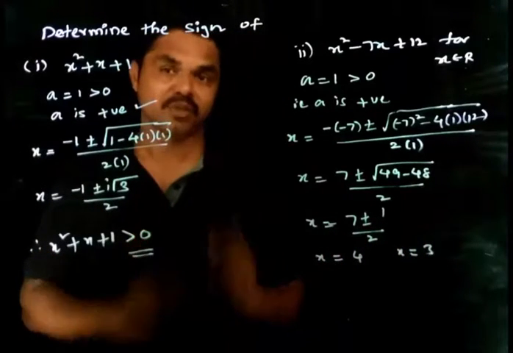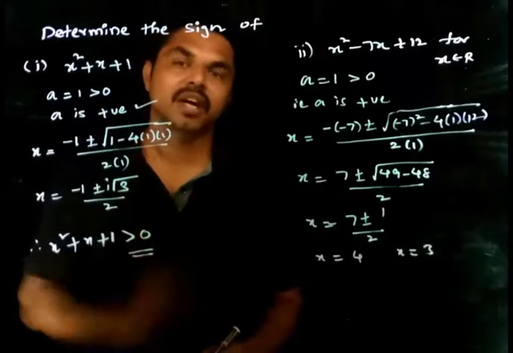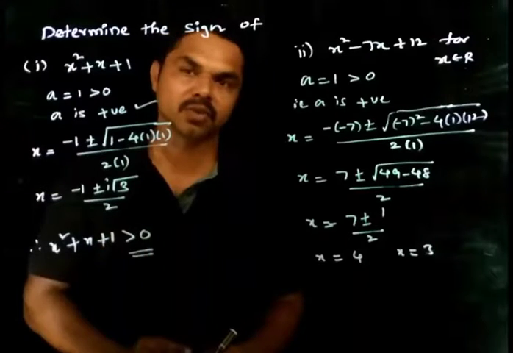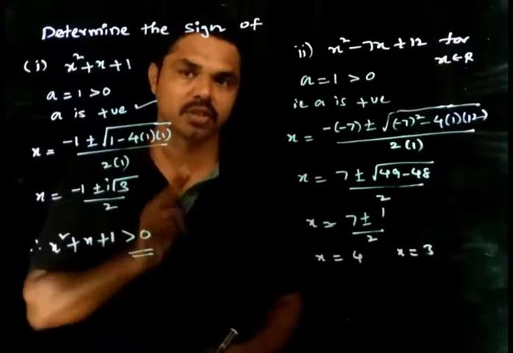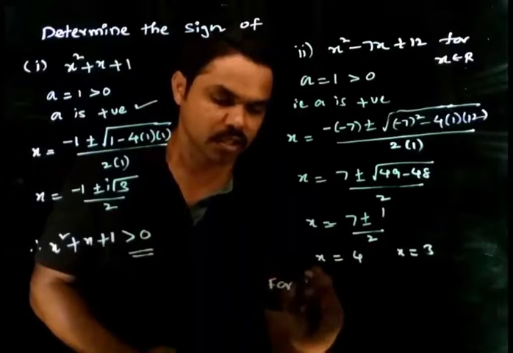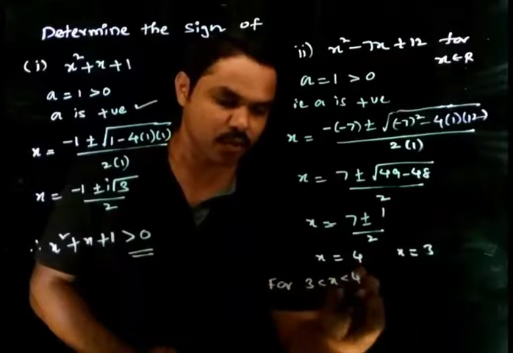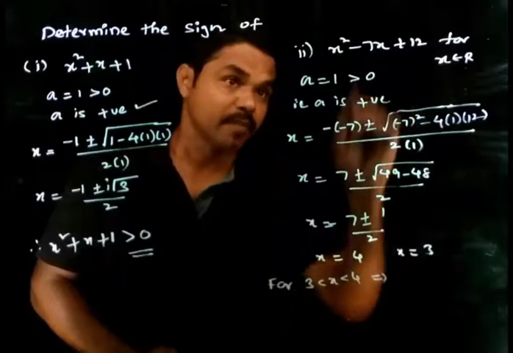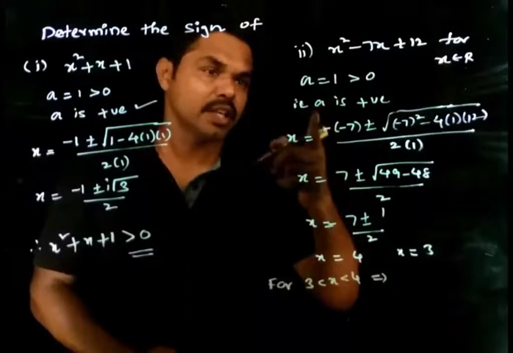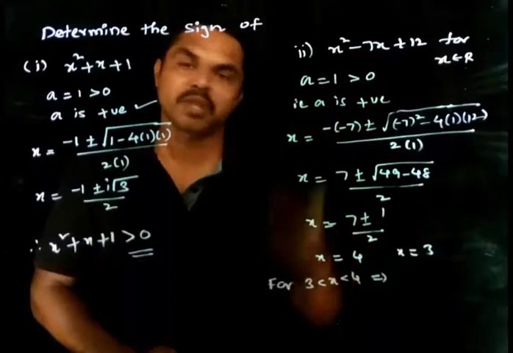We have two different roots, right? Here we have to apply the third theorem. Whenever we have two different roots, you have to use theorem 3. So according to theorem 3, for 3 less than x less than 4, the expression and a have opposite signs. That means here a is positive, right? Then the expression is negative.